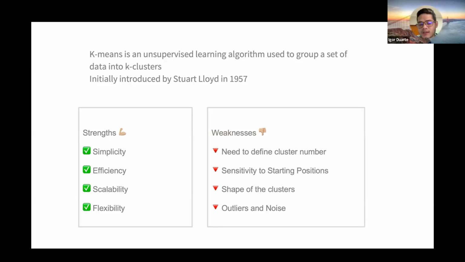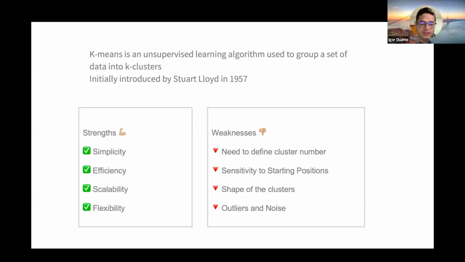And three, calculate the centroids. So it calculates the position of the centroids as the mean of the points assigned to each cluster. And finally you repeat this. The algorithm will repeat these steps until it finds the optimal position of the centroids.